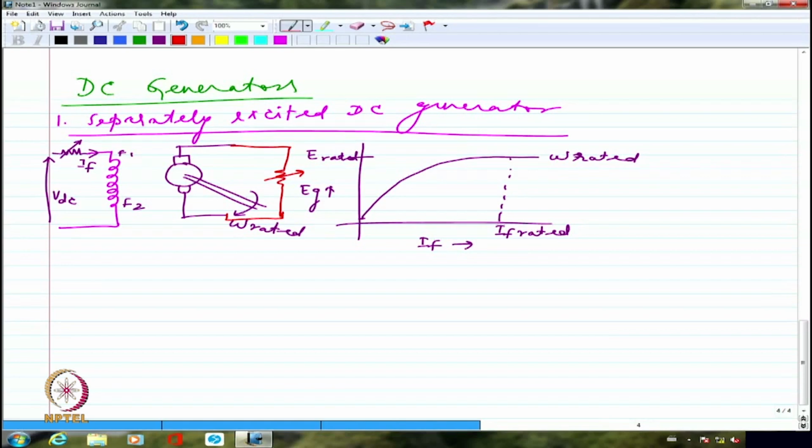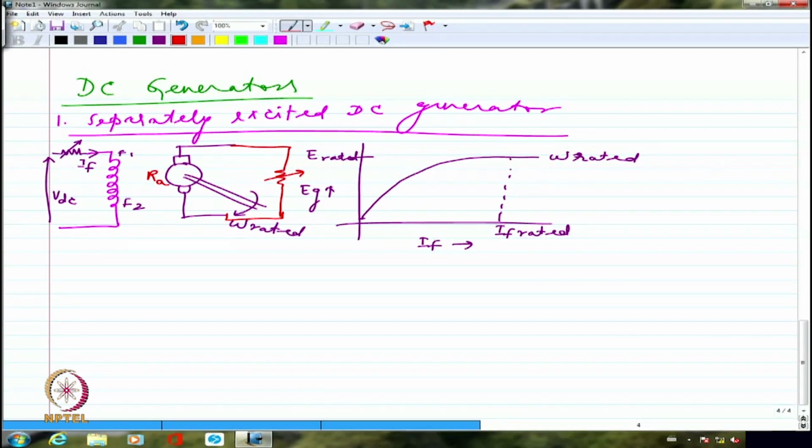In the transformer also we initially started assuming no resistance and no leakage. So we said E2 and V2 will be equal to each other if it is an ideal transformer. But when I am talking about non-ideality in any machine, I am definitely going to have some inherent resistance for the armature.